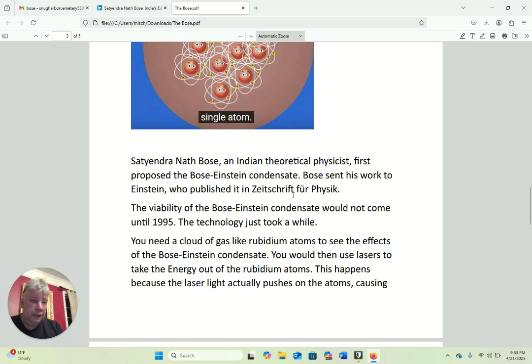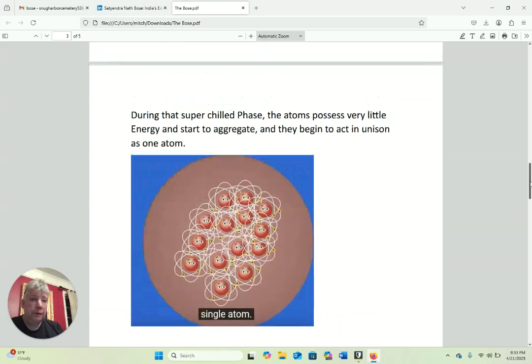When Einstein read what Bose had sent him, he immediately realized the significance of it and had it published, and then he corresponded and worked with Bose.